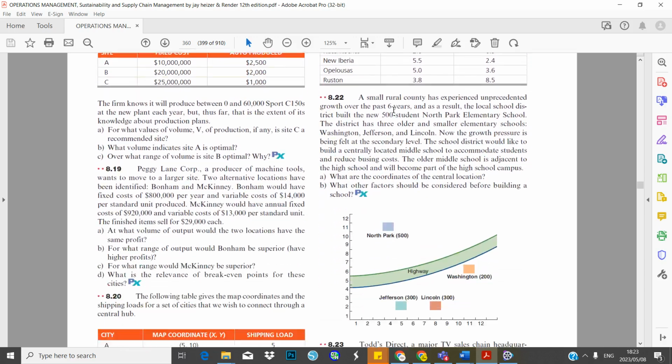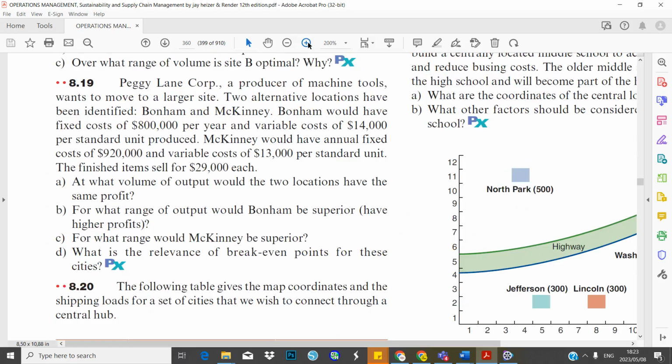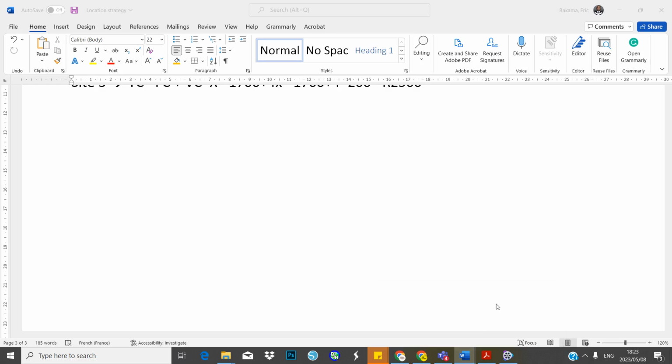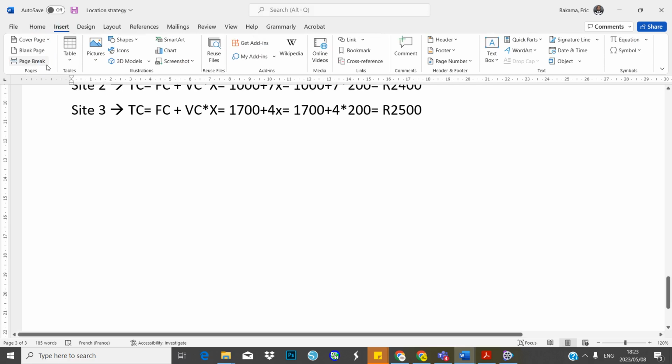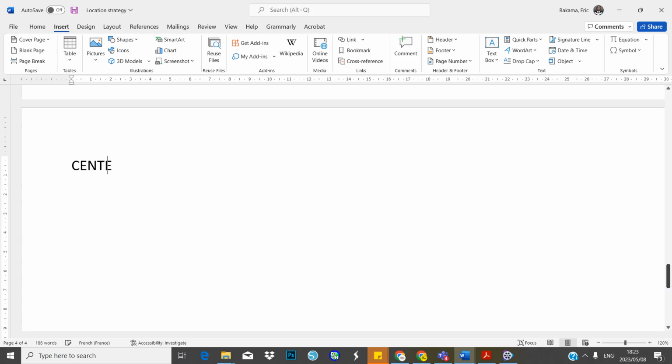So let's look at the information first. As we have the information here, the very first point is I'm going to try to draw them, but just like I said, it is not really compulsory, but I just want to make sure that we are all on the same level and we all understand what is required from us. So this is the center of gravity method.